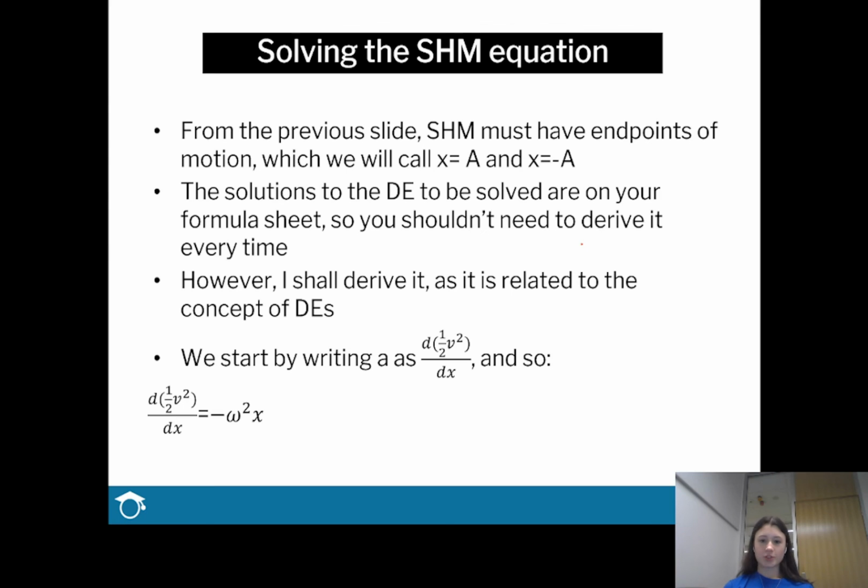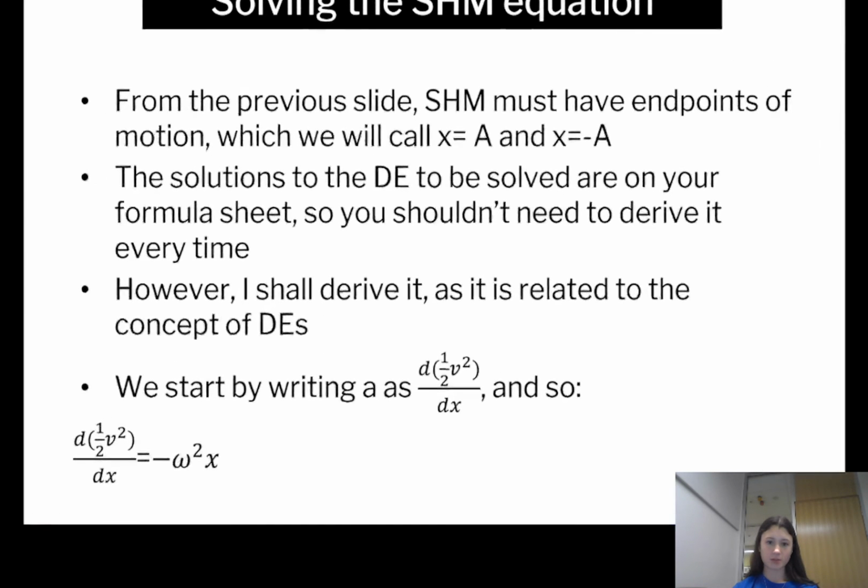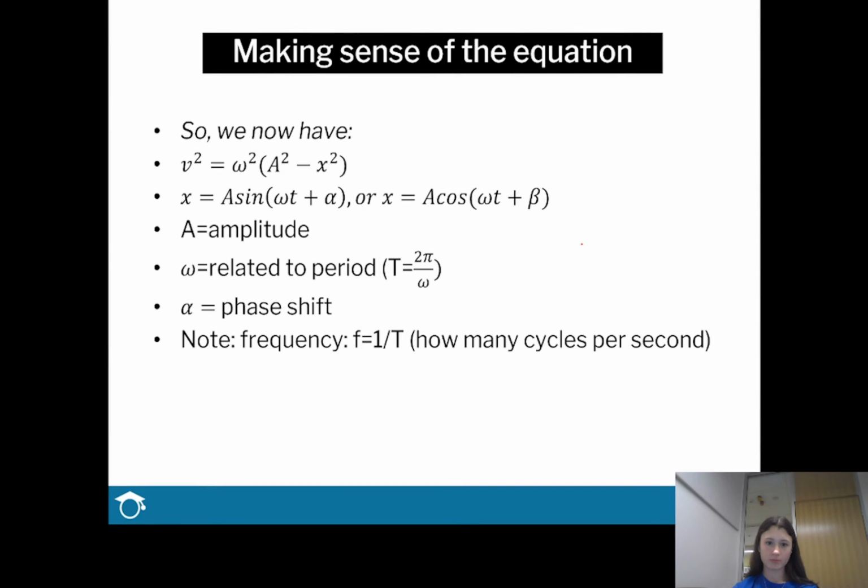Simple harmonic motion has endpoints of motion, which we'll call A and negative A. We don't need to derive it because it is on the formula sheet, so we'll skip over that. And then these are the variables in the equation.